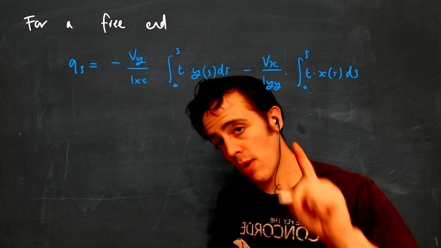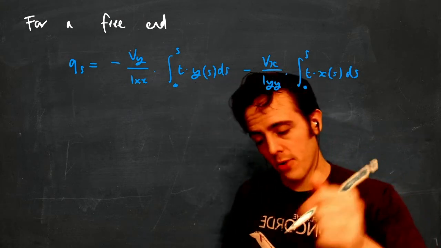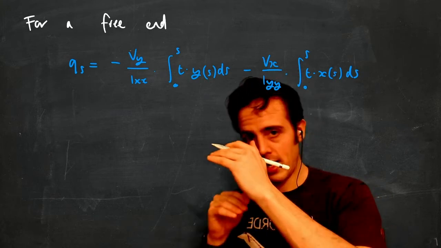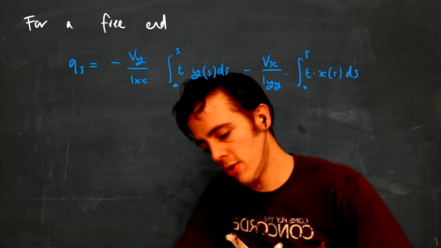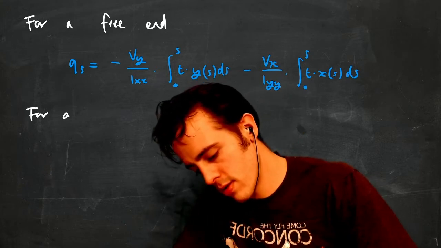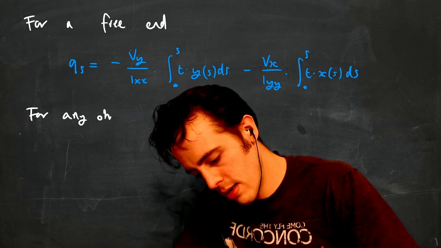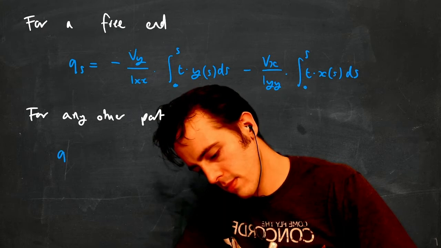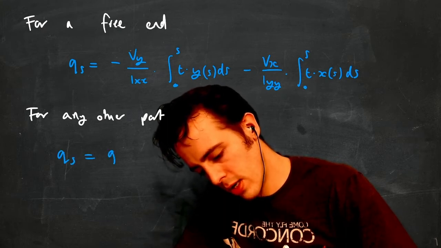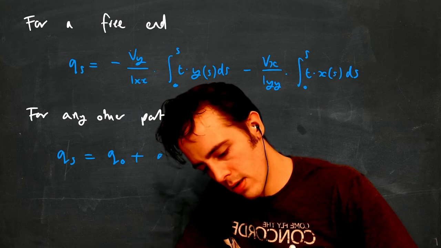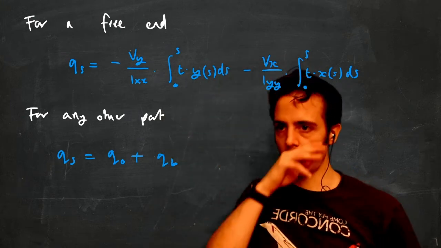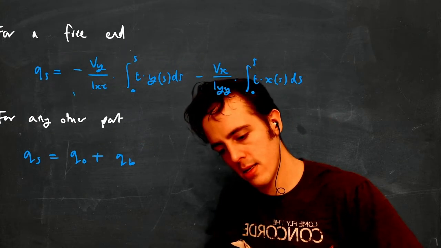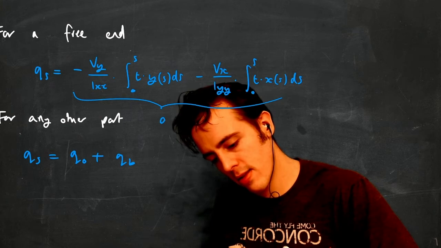Now, we're going to say that when we've got a closed end, also when we've got a part of a section that exists between two boundaries, if we haven't got a free end, we haven't got a 0, we'll say for any other parts, Qs is equal to Q0 plus Qb. Okay, so we just introduced two completely new bits there, but Qb is actually just this.